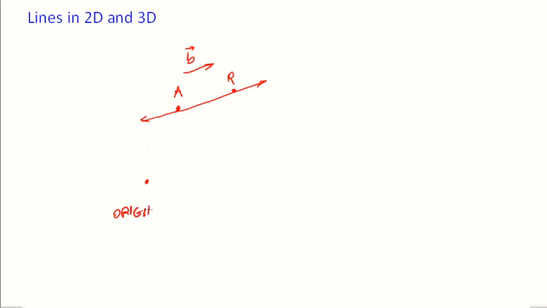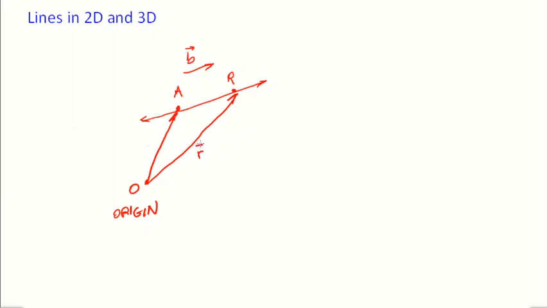This is my frame of reference, and I'm going to define all my vectors. So I've got my vector OA, I've got my vector OR, and I've got my vector AR.